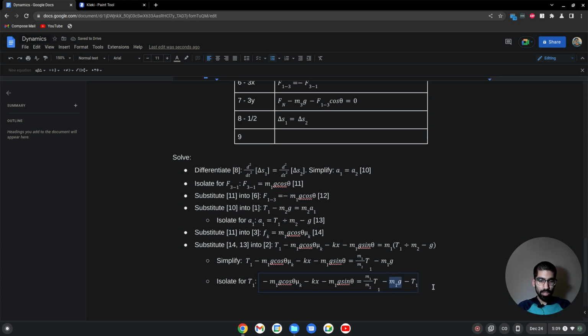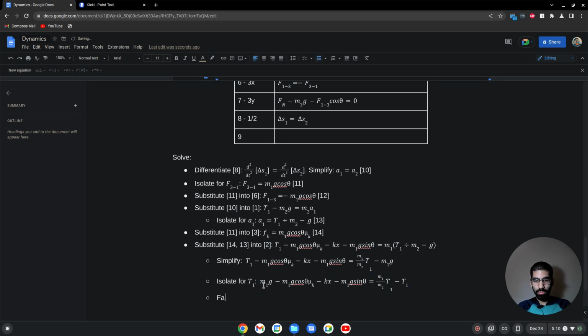This thing over here doesn't have any t1s in it, so I'm just going to add m1g on both sides. If I add m1g on this side, then it cancels out with minus m1g. And over here, I just add an m1g right up front. There we are. Let's factor.